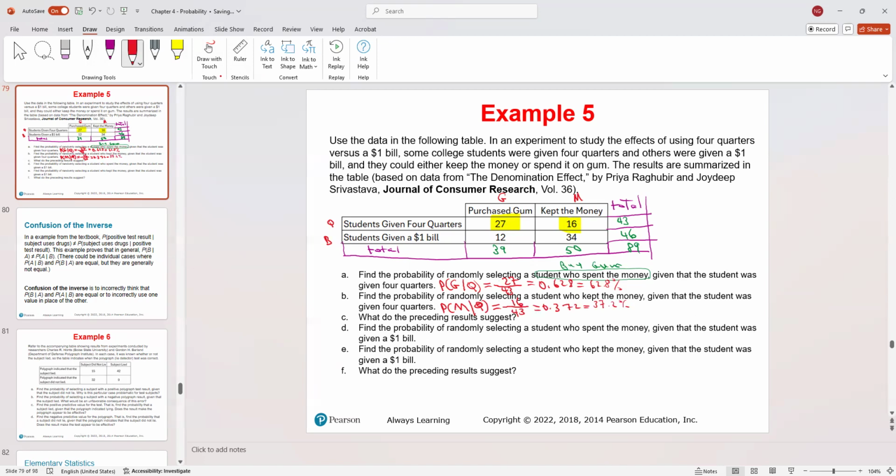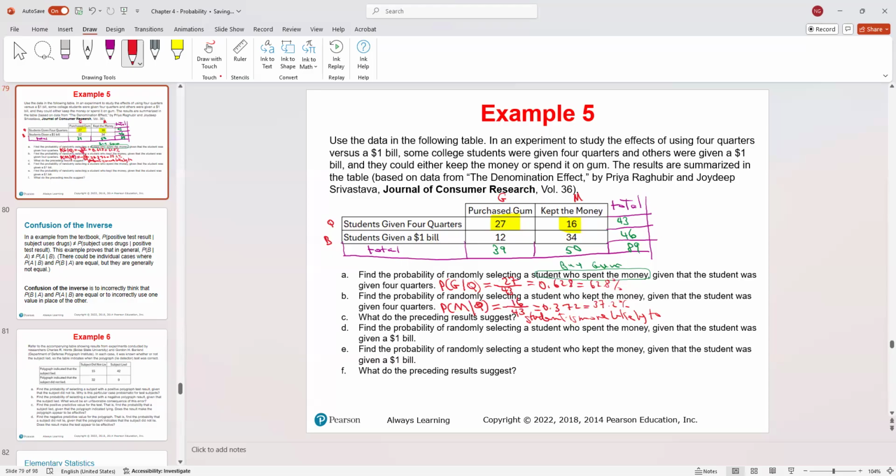Now, the last question, C, what do the preceding results suggest? This is something subjective, so you can tell us what you think about it. It appears that when students are given 4 quarters, they're more likely to spend the money than keep it. More likely to spend, because spend the money is 62.8% and keep the money is 37.2%.